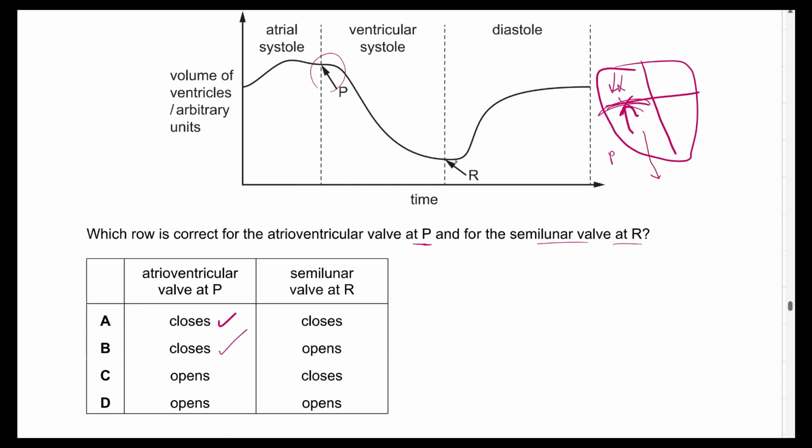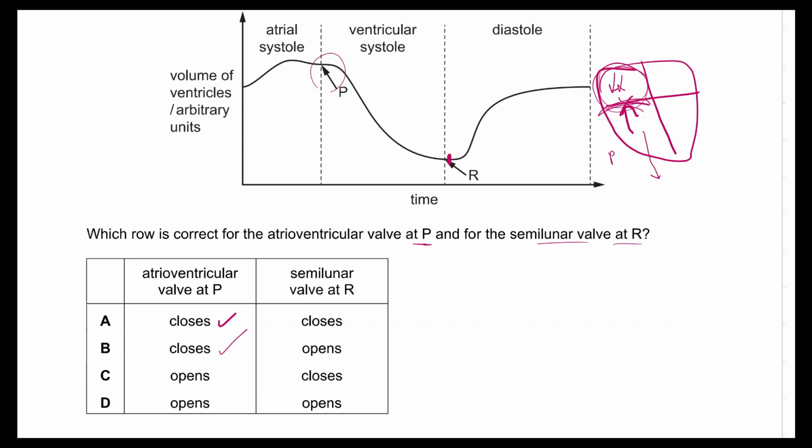Now, here it's at the end, so R, we could see it's at the end of ventricular systole, and we could see it's slightly merging at the start of diastole. Now, what happens in diastole is that the ventricle relaxes and the pressure in the atria starts increasing. If the ventricle relaxes, this means that the pressure in the ventricle is now really low.